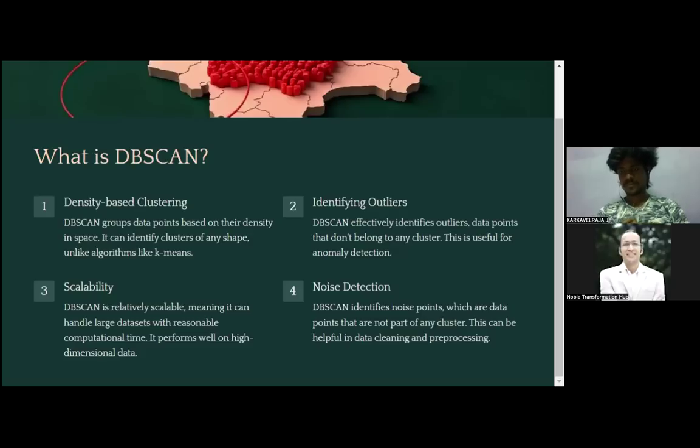This can be helpful in data cleaning and pre-processing. So DBSCAN helps us in data cleaning and pre-processing. Remember all these four elements. That is what DBSCAN is. Let's move to the other section.